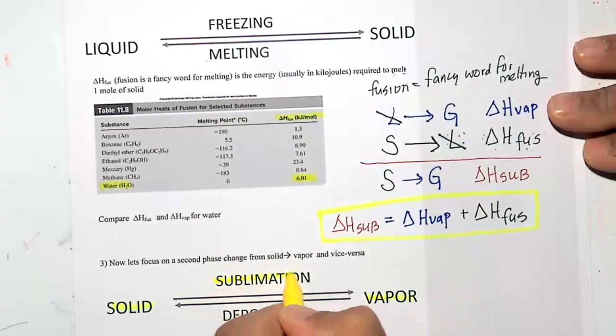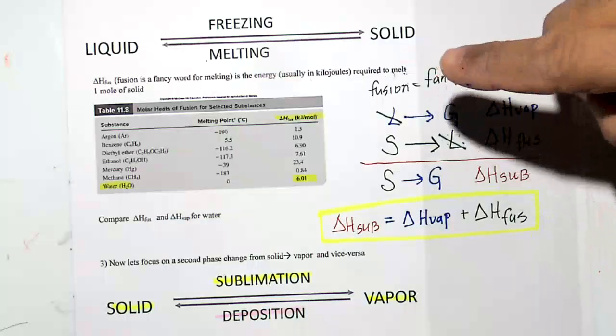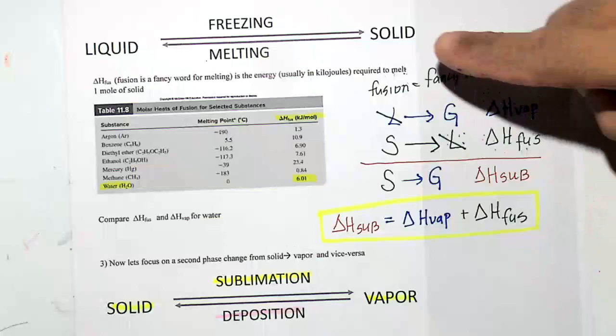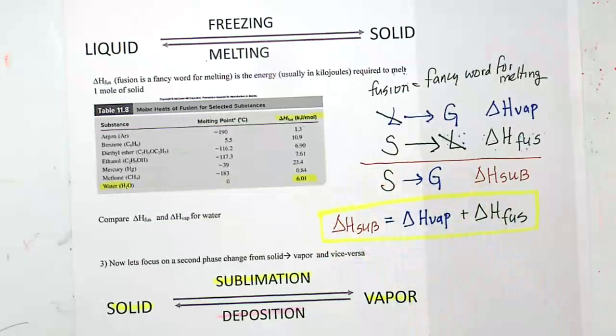Remember, solid going to vapor is sublimation. Going the other way is deposition. These phase changes can go back and forth. This is something you should know. Just add the two energies together: 1 mole of vaporization plus 1 mole of fusion gives you the energy required to sublime 1 mole, moving from solid to gas, skipping the liquid.